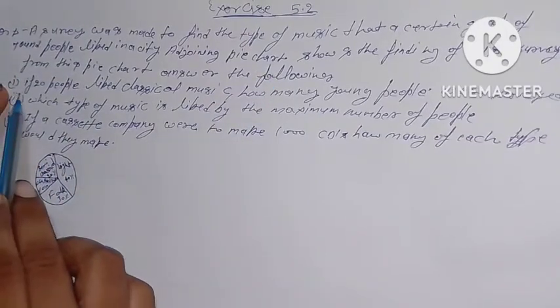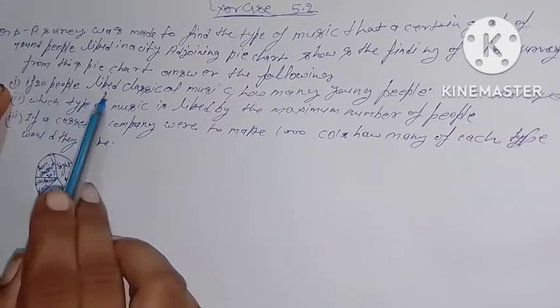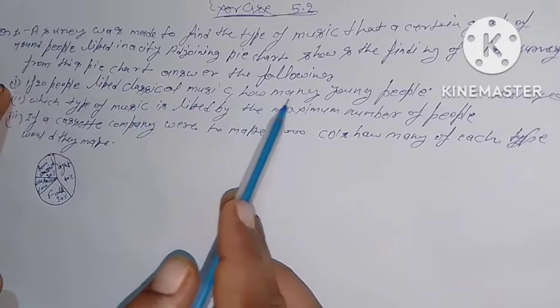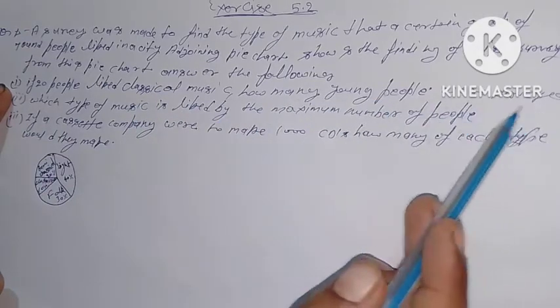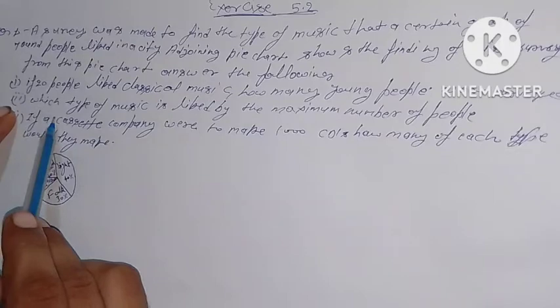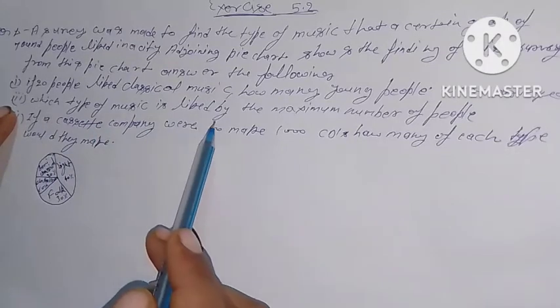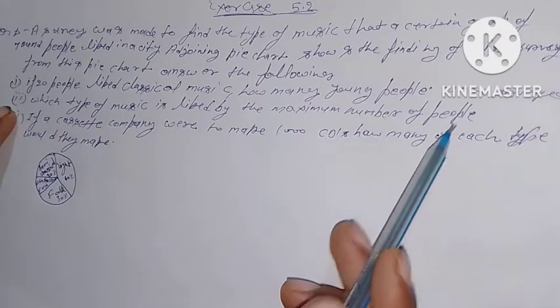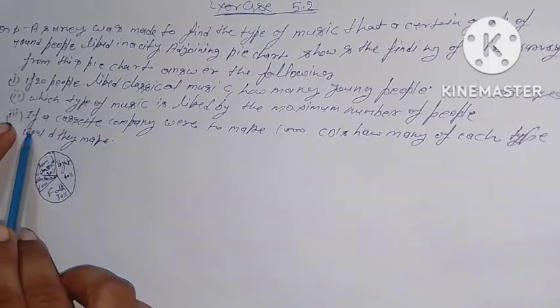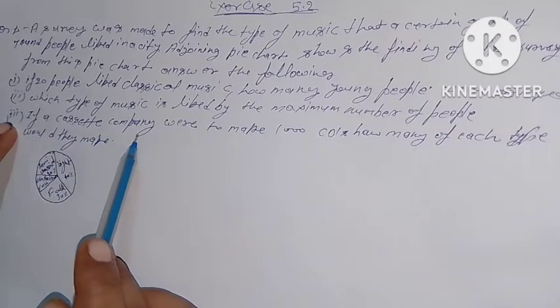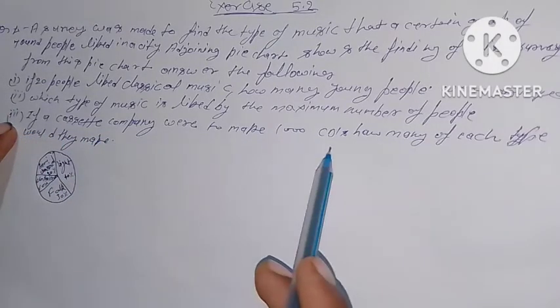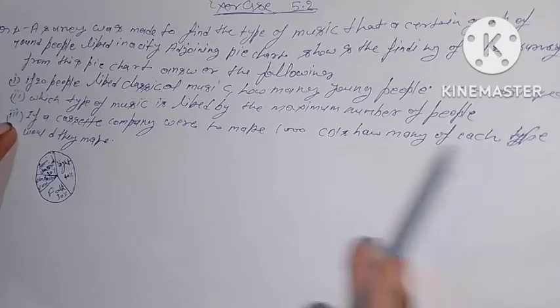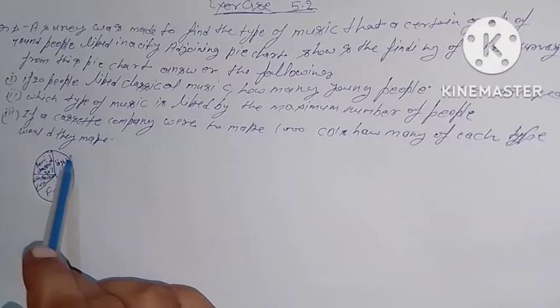Question one: if 20 people liked classical music, how many young people were surveyed? Second: which type of music is liked by the maximum number of people? Third: if a record company were to make 1,000 CDs, how many of each type would they make?